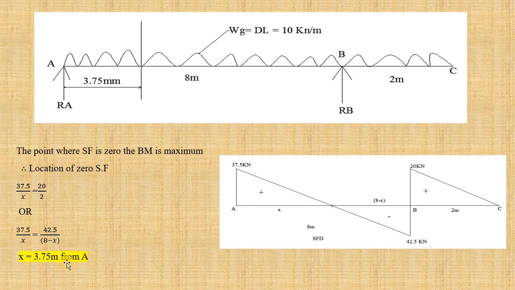I am referring from point A to this point, so mention that. So we understood that exactly at 3.75 meter the bending moment will be maximum. I have marked that at this point the bending moment will be maximum, and exactly at this point the shear force will be 0.